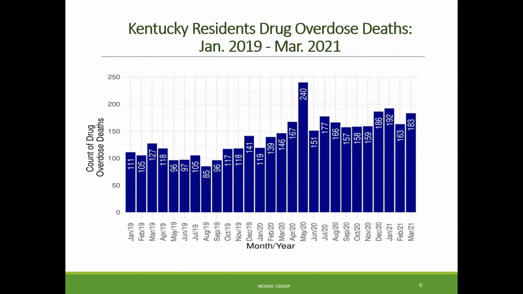In addition to the stress caused by the pandemic, reports show the increase in overdose deaths for 2020 is due to a rise in illicit fentanyl. The data displayed here was produced by the Kentucky Injury Prevention and Research Center for the Kentucky Department of Public Health.